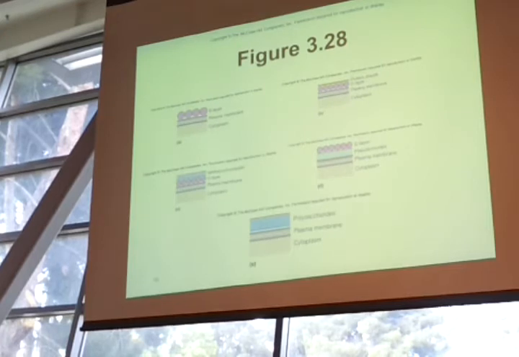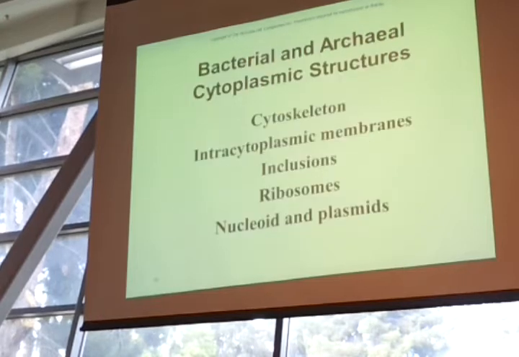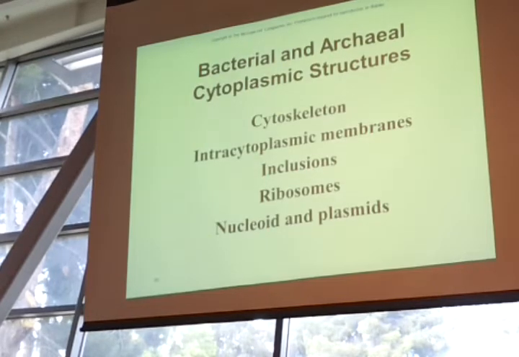This kind of just shows some of that. I don't know if there's anything specifically on here, I guess this is just showing the different types of archaea. So that's almost everything outside, because we do have to talk about the fimbriae, pili, and flagella.